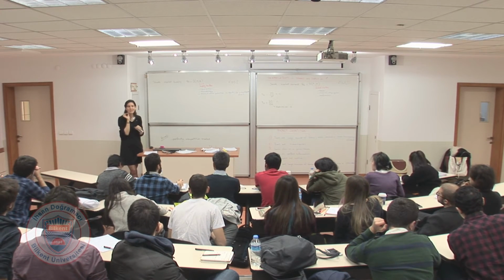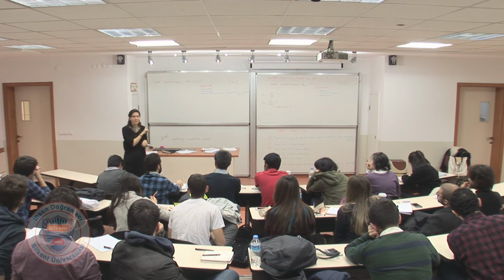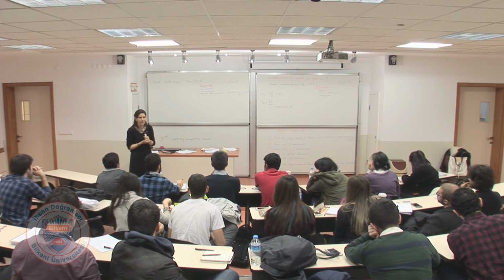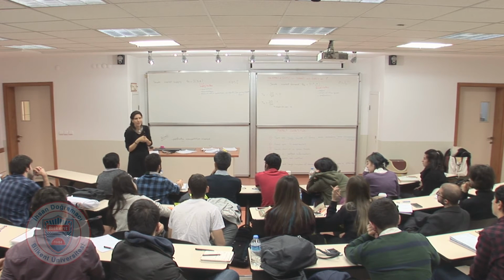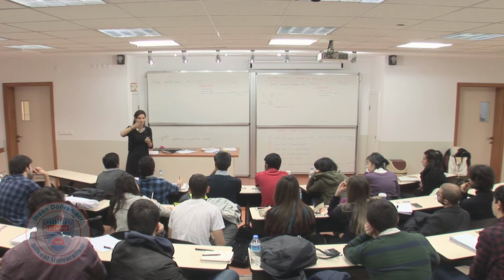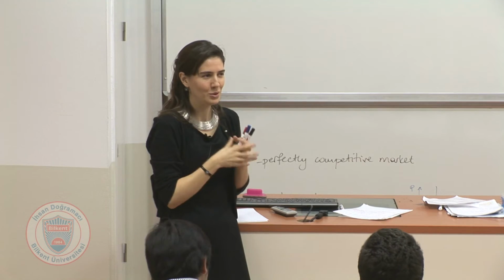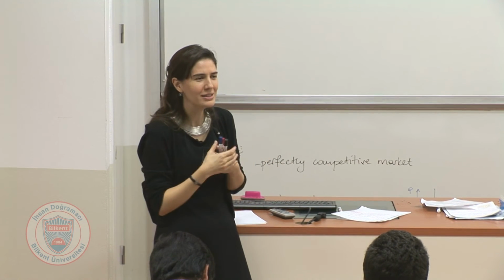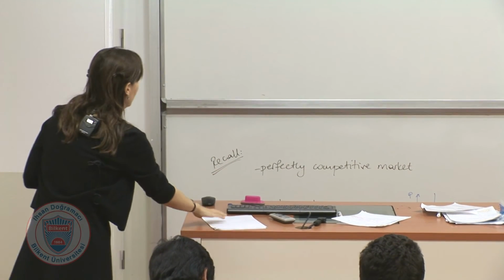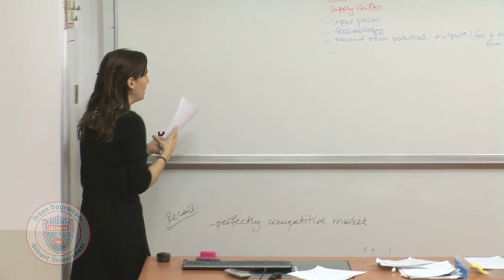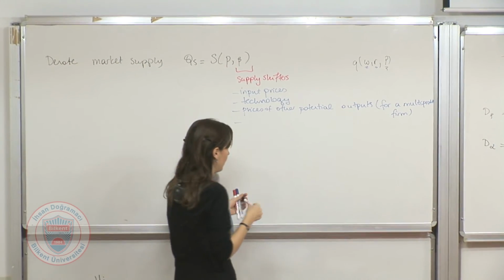There is something that is very easy, but we didn't write it. What is it? Do you think it will affect market supply? It's going to affect it, because you're adding everyone. So how much is everyone? What's the number? The number of suppliers is definitely going to be a supply shifter.